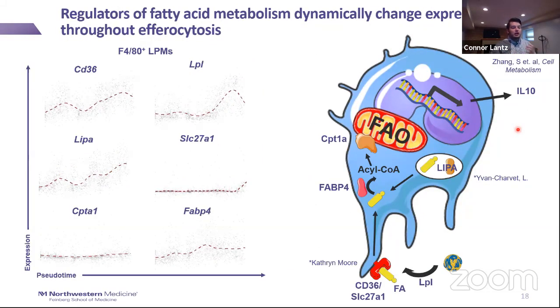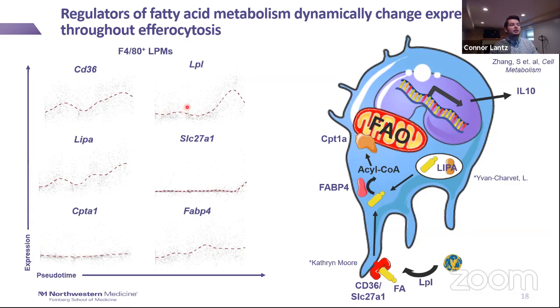With this, I was able to determine genes that are differentially expressed as a function of pseudotime. This just gives you genes that have some type of dynamic change through this process. One of the pathways enriched among these dynamically changing genes was fatty acid metabolism.